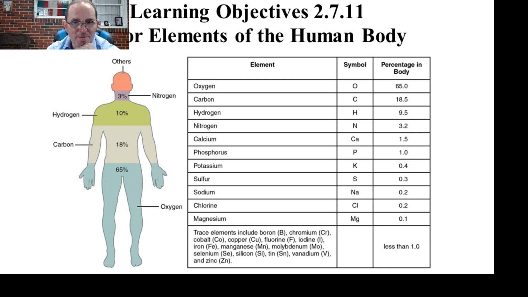Some of these you may be surprised by: chromium, wow, chrome plated; copper, iodine, iron, oh, we need iron; manganese, molybdenum, selenium, silicon, tin, vanadium, that's what they coat tools with, zinc. Wow, that's kind of interesting.